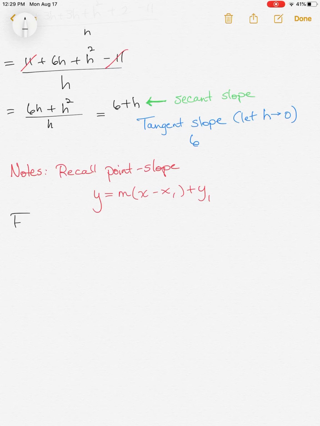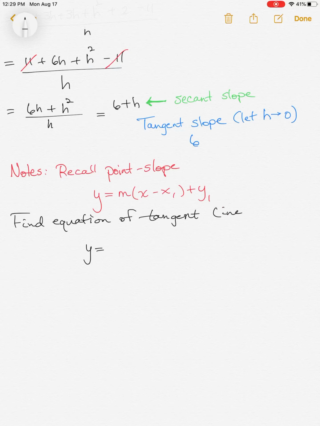All right, so if it says find the equation of the tangent line for that same example that we just did, then you're going to use point slope, the point that you were given, and the slope of the tangent that you found. So we're going to go ahead and plug this information in.